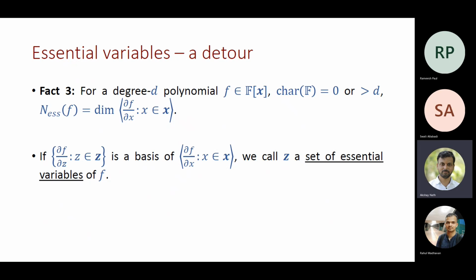In particular, we know that if F is a degree D polynomial, over a field of characteristic 0 or greater than D, then the number of essential variables of F is just equal to the dimension of the space of partial derivatives of F. Also, using this relation between the number of essential variables and the space of partial derivatives, we can define what we mean by a set of essential variables of F. So if the partial derivatives of F with respect to Z form a basis of the space of partial derivatives, we would say that Z is a set of essential variables of F, or simply that the Z variables are essential for F.